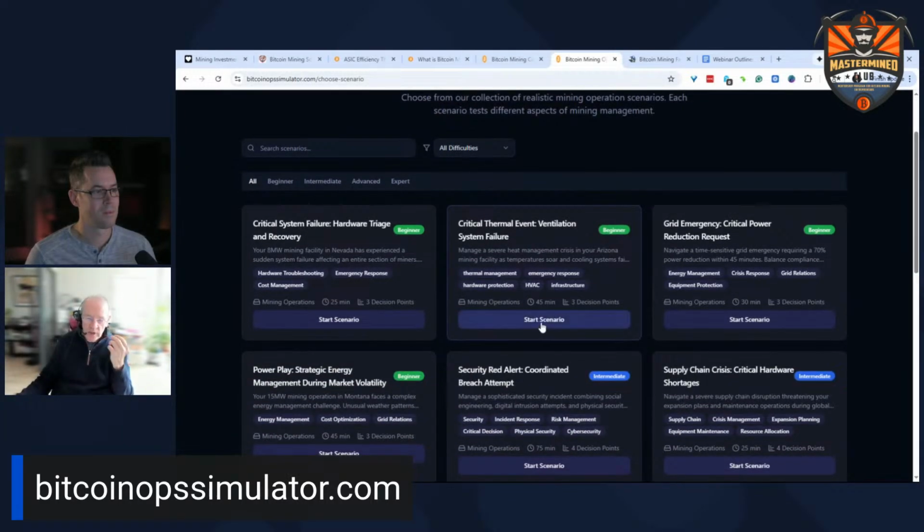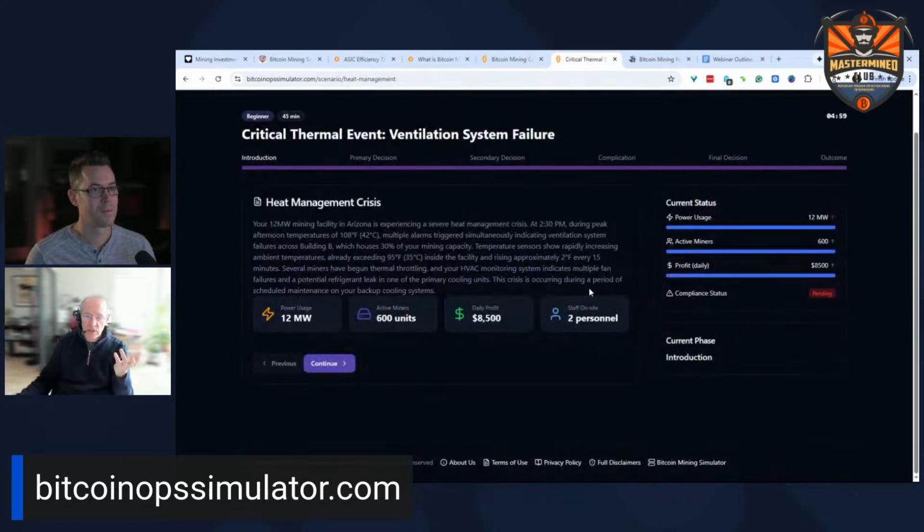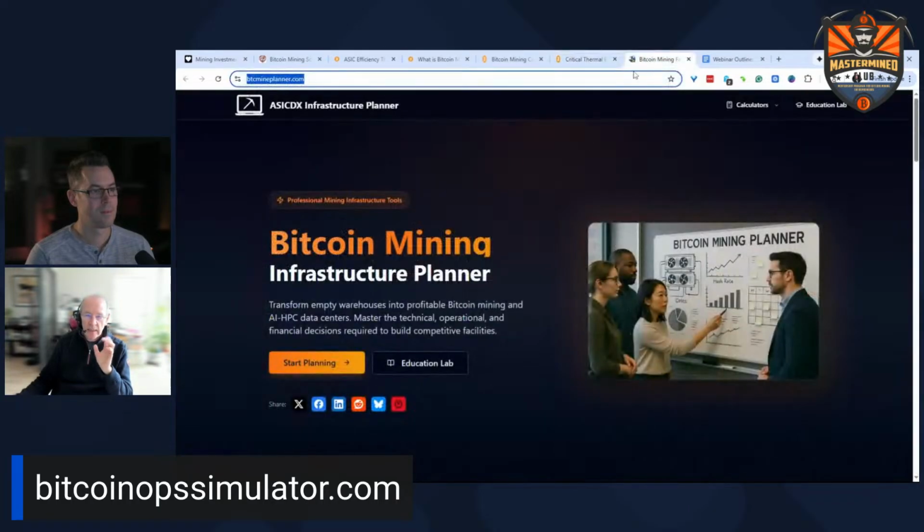You could literally go through this simulation multiple times over and over, and it will give you a different scenario based on the basic criteria, in terms of understanding what you need to do. And so from that standpoint, that is an experience that you can go through.